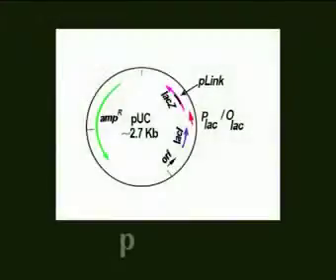There may be one copy for large plasmids to hundreds of copies of the same plasmid in a single cell, or even thousands of copies for certain artificial plasmids selected for high copy number, such as the pUC series of plasmids.